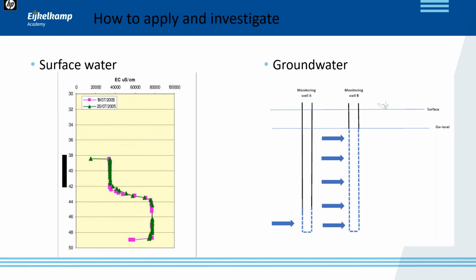In groundwater, in a monitoring well, profiling like in surface water is only an option if the monitoring well pipe is provided with a very large screen in which the water can enter and flow horizontally along the total screen. This is explained in the right picture, monitoring well B. So the screen should extend over a great deal of the water-bearing layer.